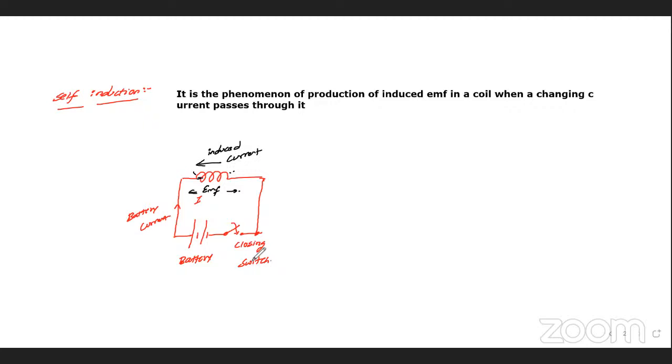Induced current direction. So when the switch is closing, the current will be flowing from the coil. Magnetic flux goes from 0 to maximum value. So the current flows from 0 to maximum. Same thing, magnetic flux is also changing from 0 to maximum. So I'll write here: as the switch closes, current increases from 0 to maximum.